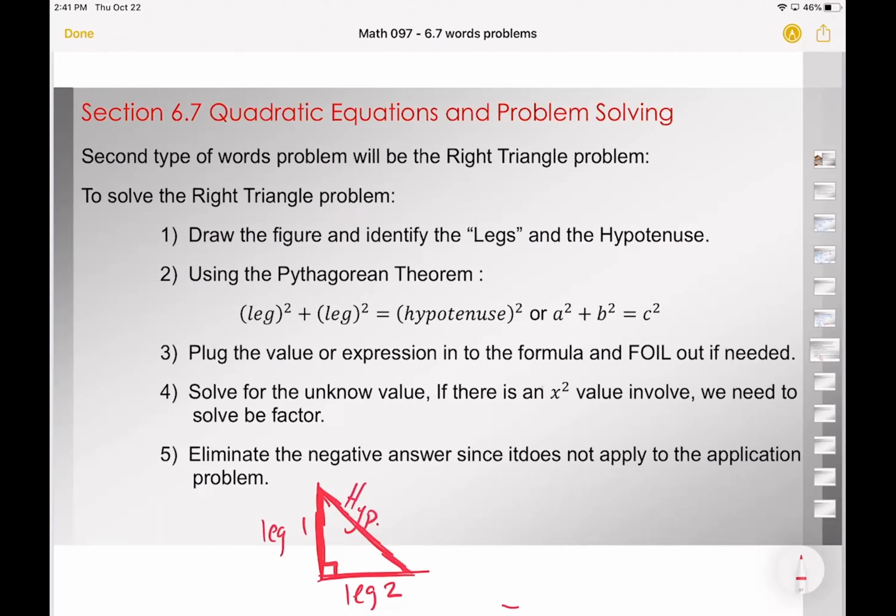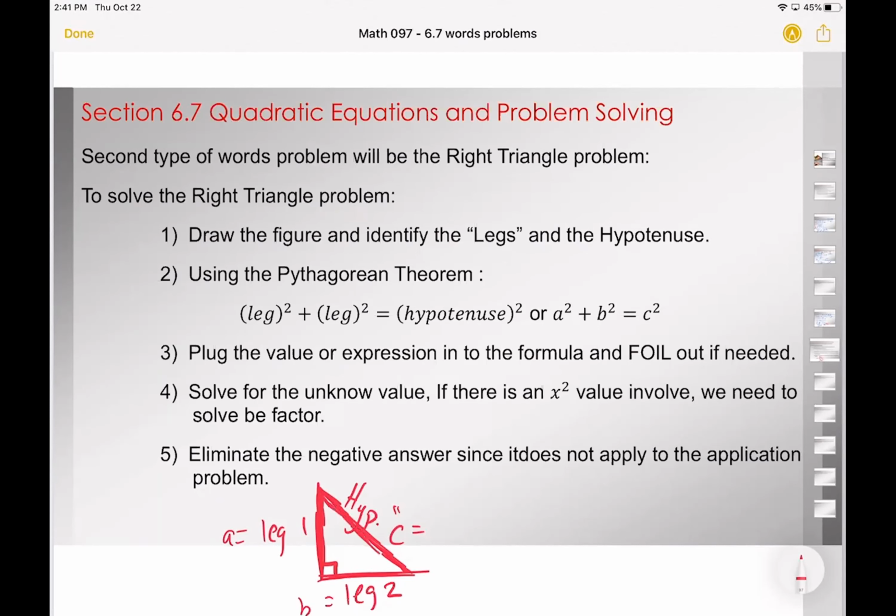So looking at this, this will be my leg A, this will be my leg B, and this item will always be your C. The A and the B are interchangeable. It doesn't matter which leg, as long as it's vertical or horizontal, it is a leg. The diagonal line will only be your hypotenuse. This will never change.